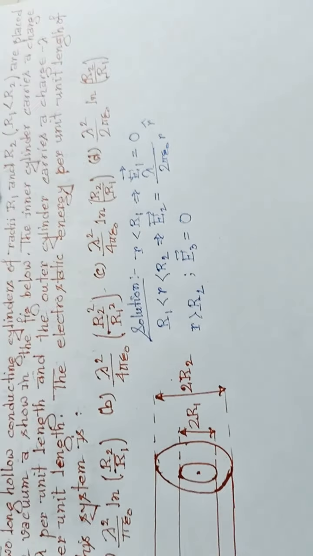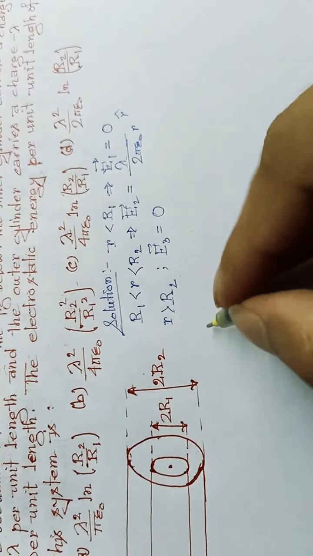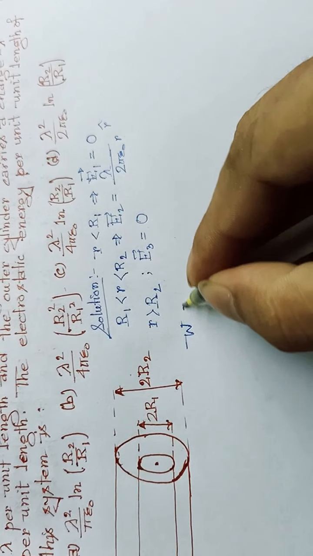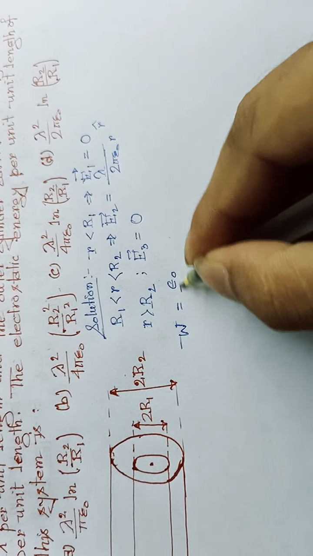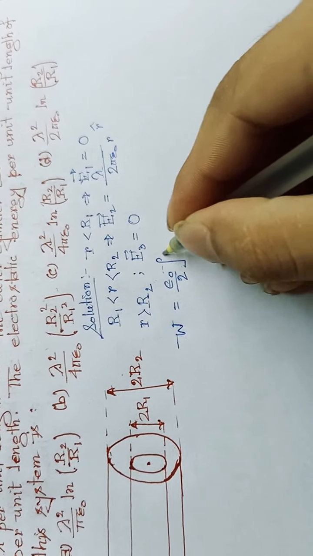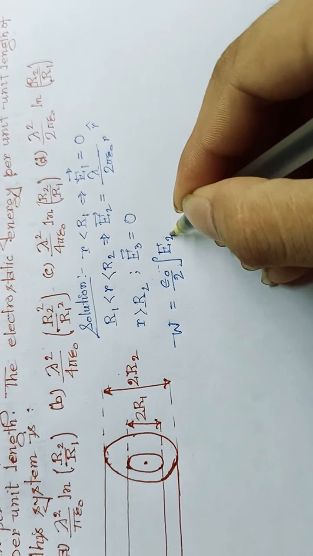Now the energy W will be equal to epsilon naught divided by 2 integration of E square d tau.